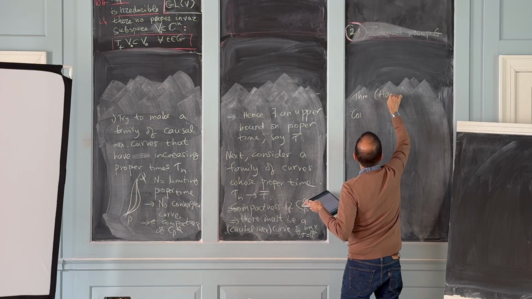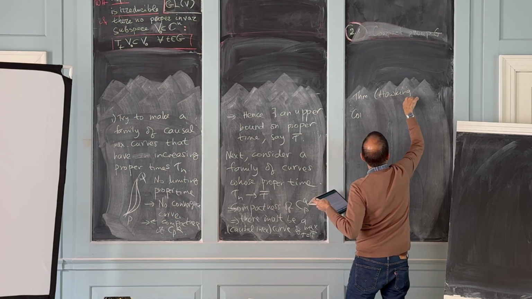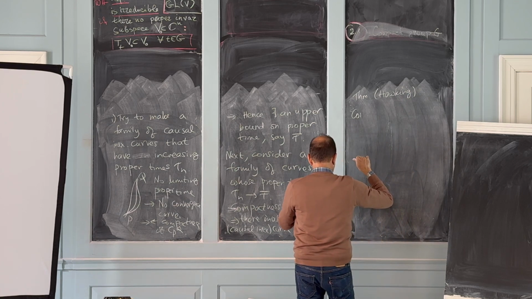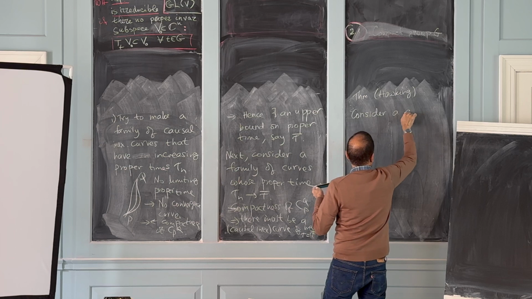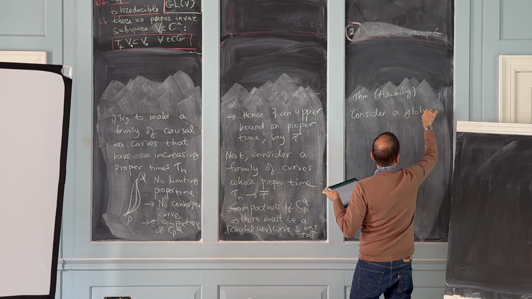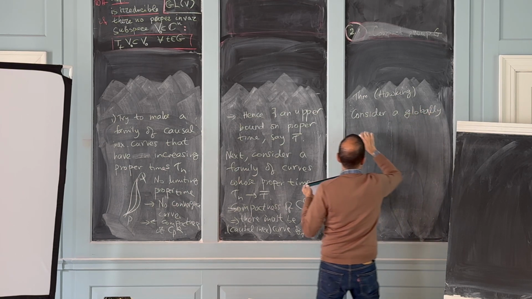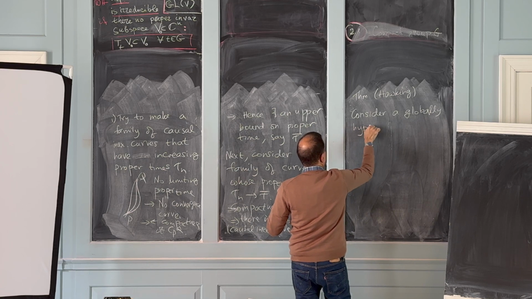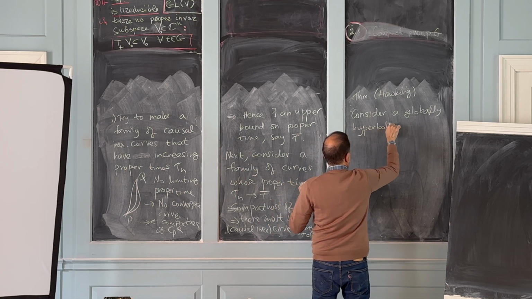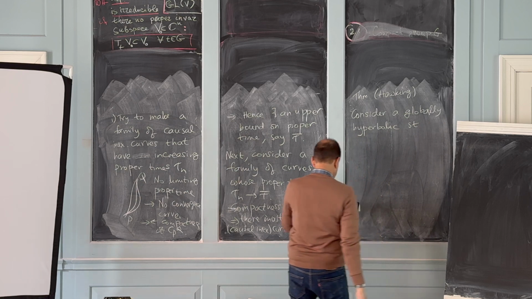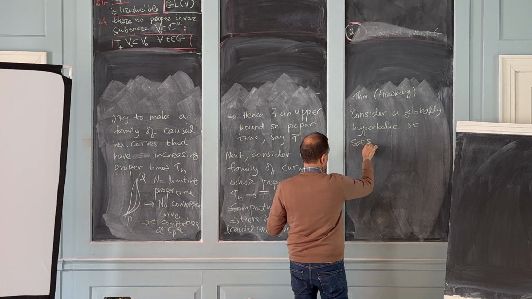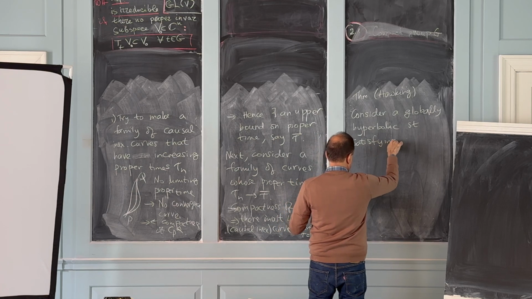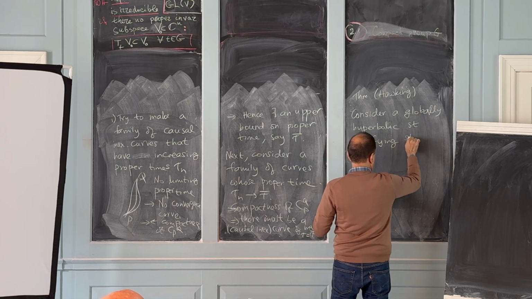In my notes I've referenced Wald, where you'll find a very precise statement of it. Consider a globally hyperbolic space-time satisfying the strong energy condition, because now we are going to use Raychaudhuri's equations.